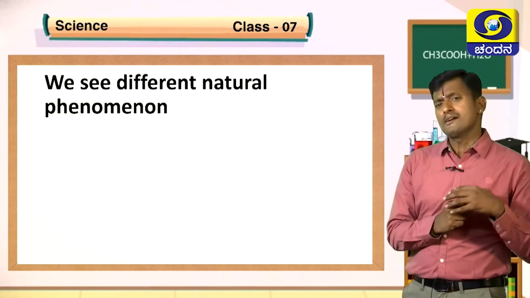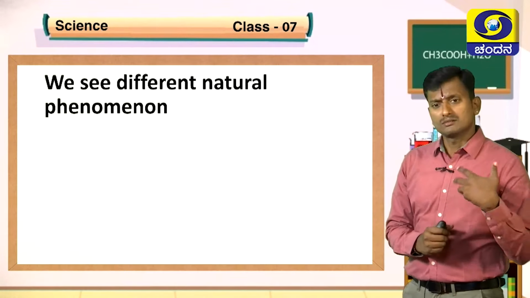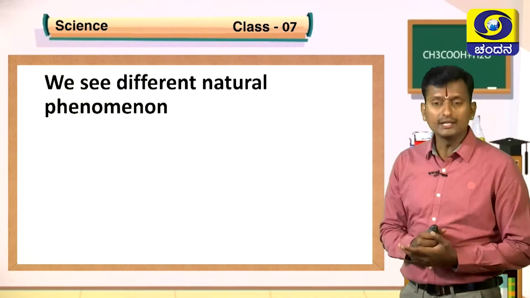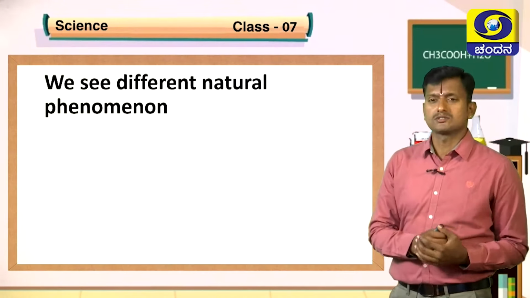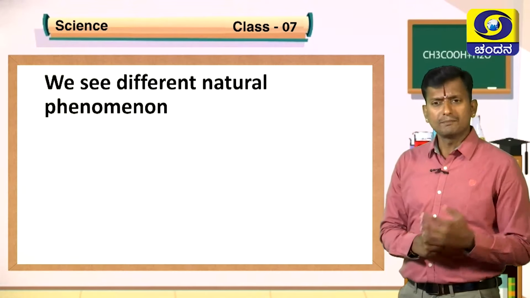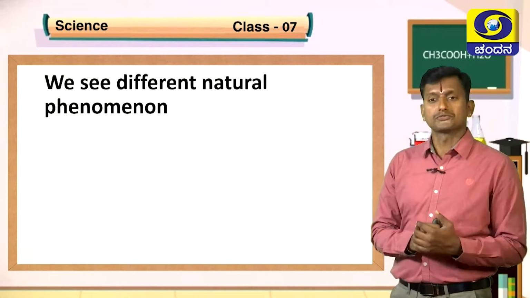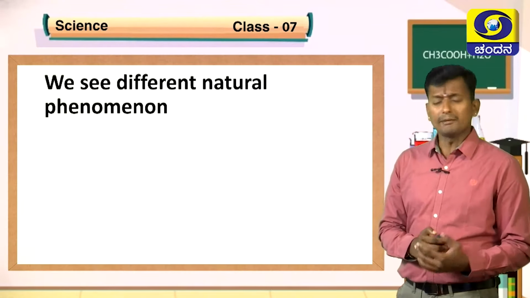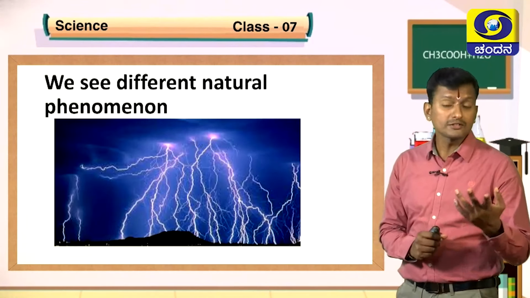Students, we see different natural phenomena. You know that these phenomena occur naturally, and sometimes make us very astonished to see. Sometimes it makes us happy, sometimes it makes us fear. Some phenomena are happy to see, but some are not. What is this?